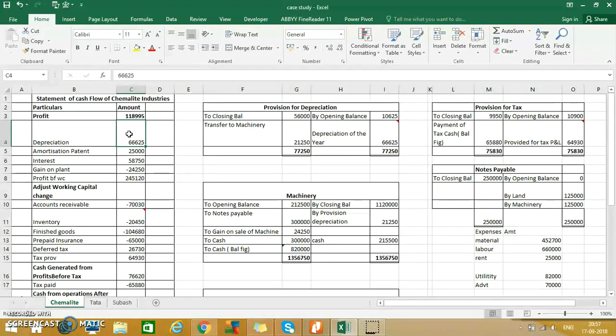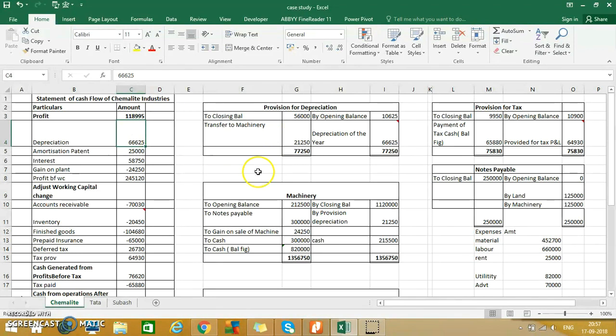While most of you have actually shown it as operating expenses, I'm not very clear where you got this point from, but interest is not treated as an operating expense unless it is a financial organization or a financing organization. Alexander is into manufacturing, so interest expense won't be treated as operating expenses. It should be treated only as financing expenses. Please refer to Ind AS 7, the link of which is being sent to you along with this document.